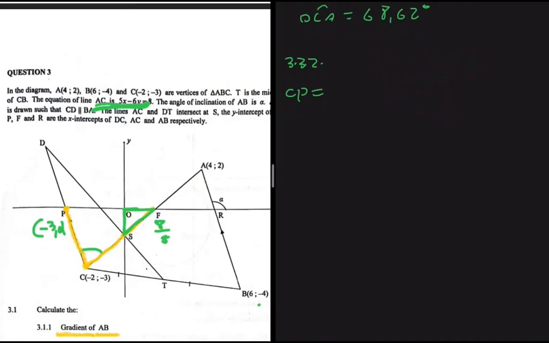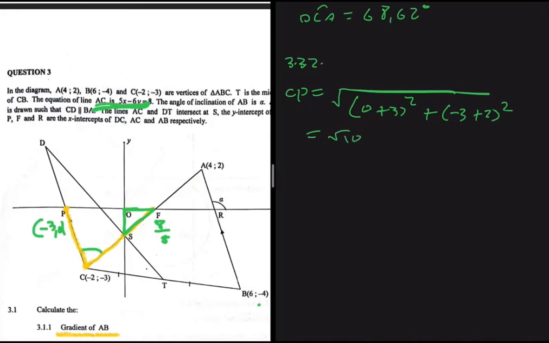So CP, using the distance formula, is y2 minus y1 squared plus x2 minus x1 squared, right? Let P be the second point. So we get 0 plus 3 squared plus minus 3 plus 2 squared. Let me compute that real quick. Square root of 10, right?